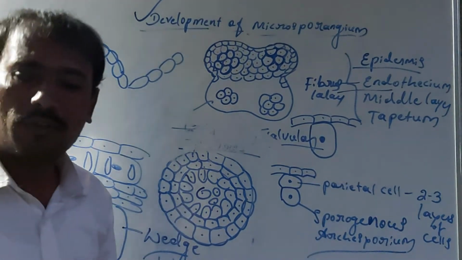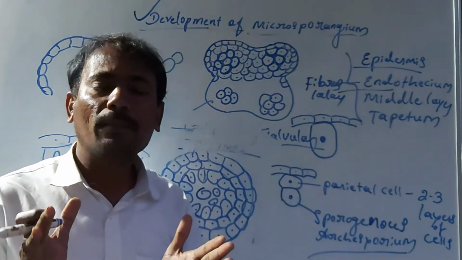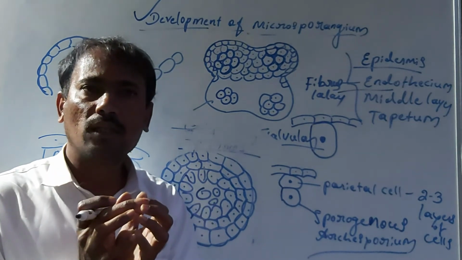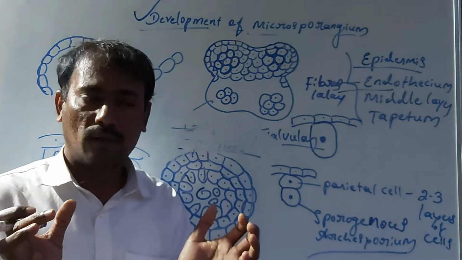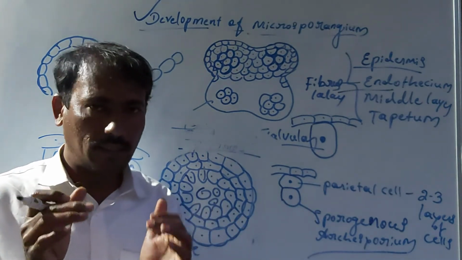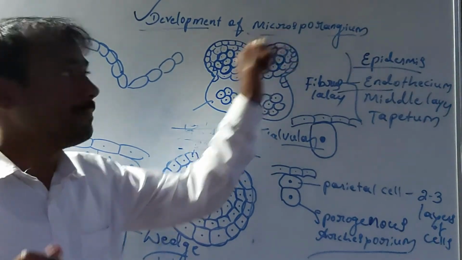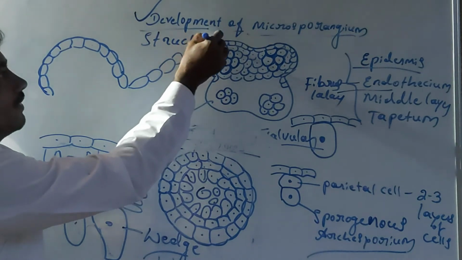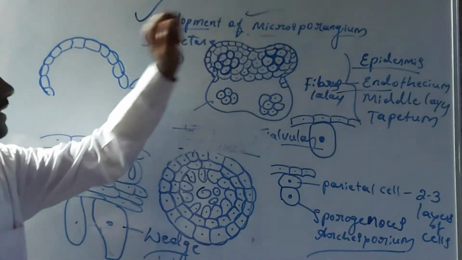The process of formation of haploid microspores within the microsporangium is otherwise termed microsporogenesis. But actually we are studying the development and structure of the microsporangium.